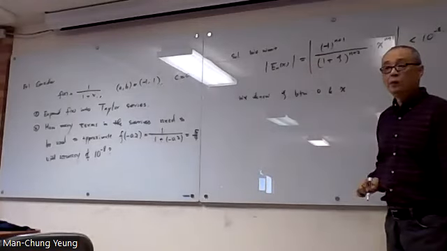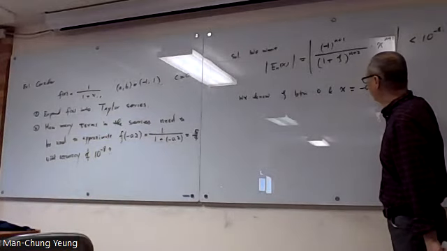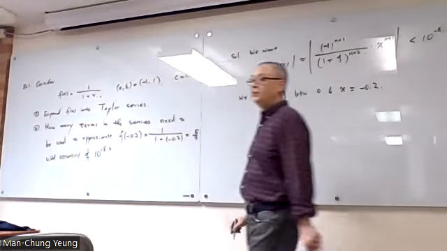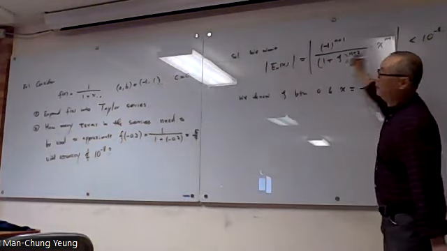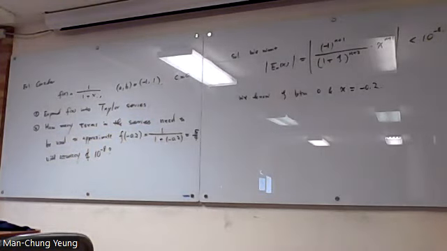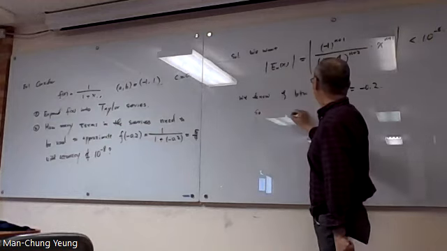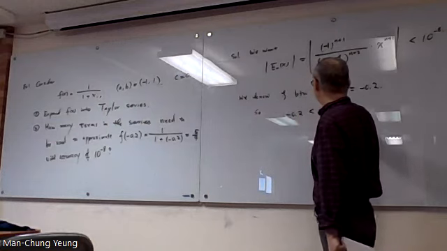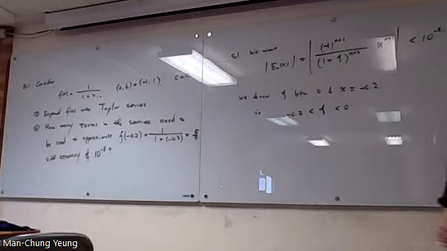Now, what is x? x is negative 0.2. Yes, x is negative 0.2, so it is less than sine, and sine is less than 0, right? Between.